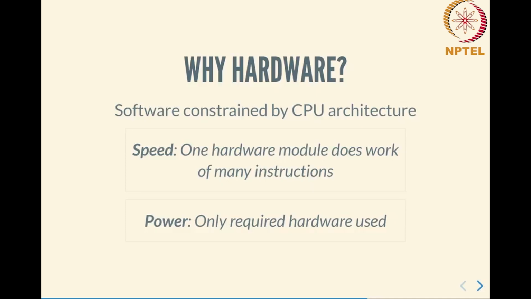The only reasons why you might consider creating custom hardware modules is because the software that you create is going to be constrained by the architecture of the CPU that you use. In particular, you might have two kinds of constraints. One is your software is not fast enough. You are not able to compute something quickly enough for your real-time requirements, or maybe it just takes too long.